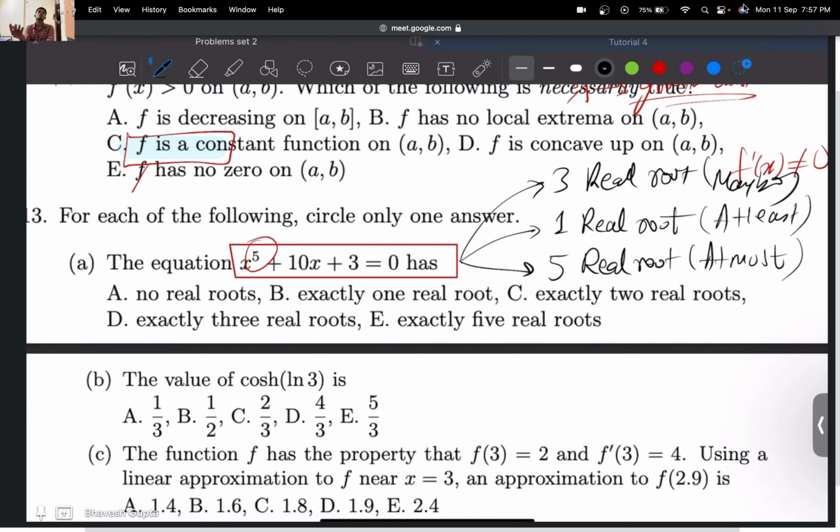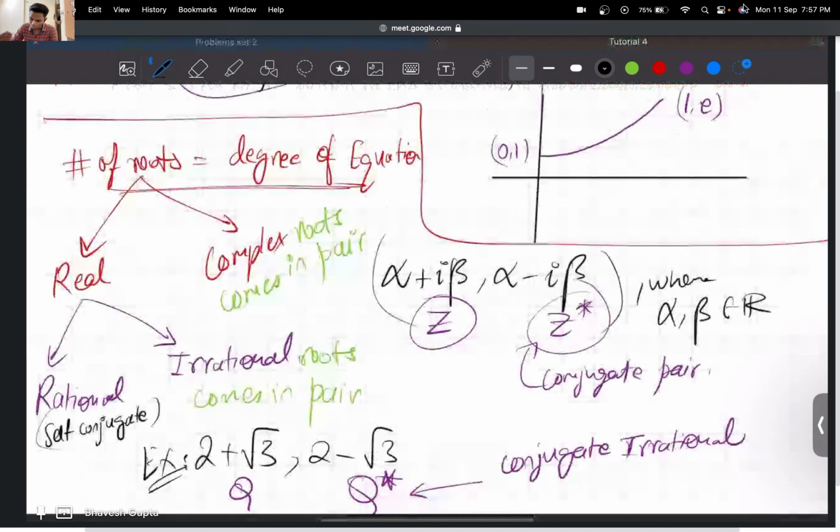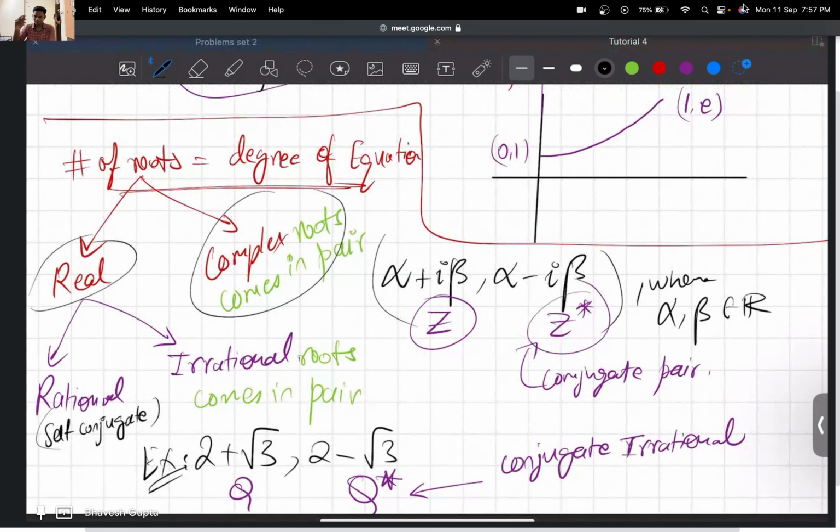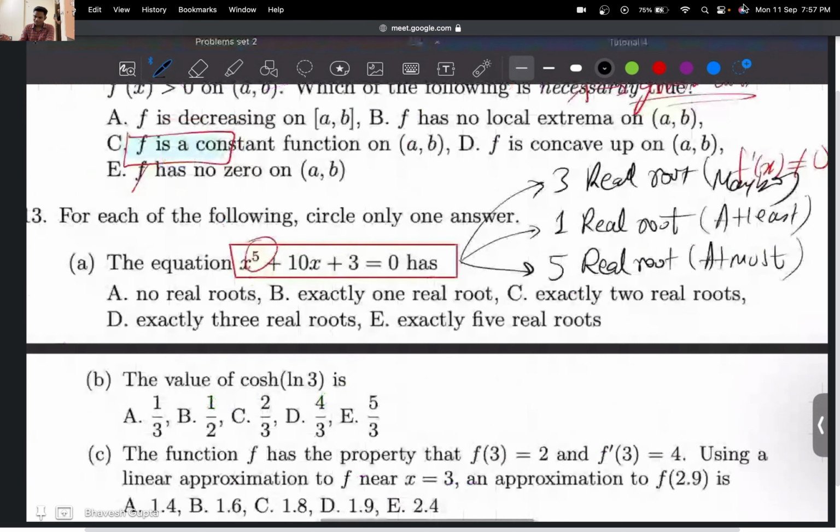You cannot have 4 real roots. Otherwise, you won't be able to justify the complex roots, because your roots are either real or complex, and the complex roots come in a pair. So since we have 5 roots in total, the number of real roots is an odd number, because the complex roots come in a pair. So the number of complex roots will always be even.